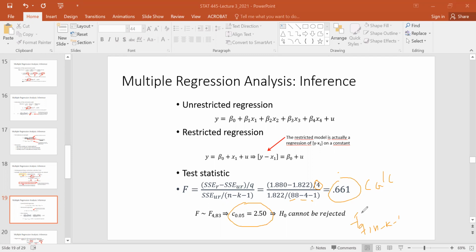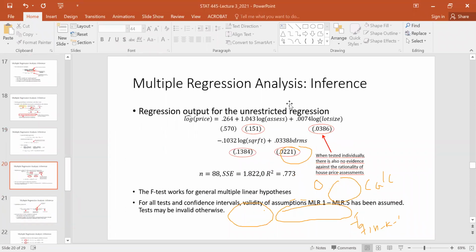You get 2.5 at the 5% significance level. So F calculated is less than F critical, so we fail to reject. And we conclude that the H1 might be true, that this coefficient is 1. We fail to reject. That means this is actually the model we are dealing with, and not the full model.